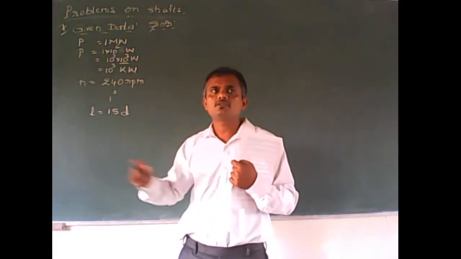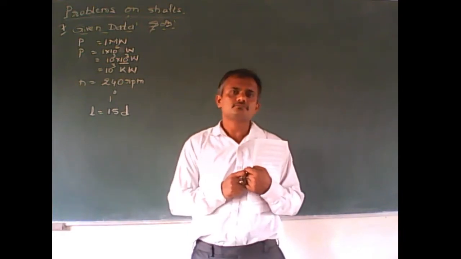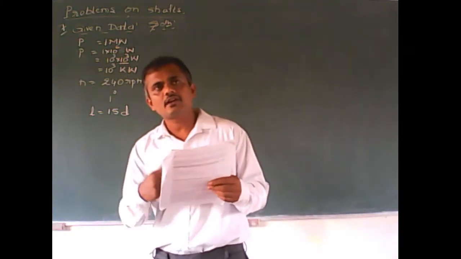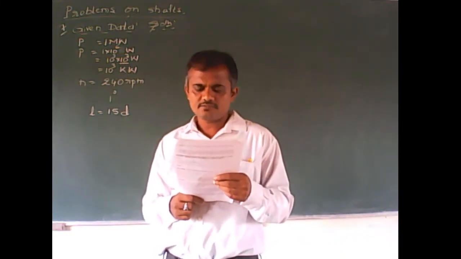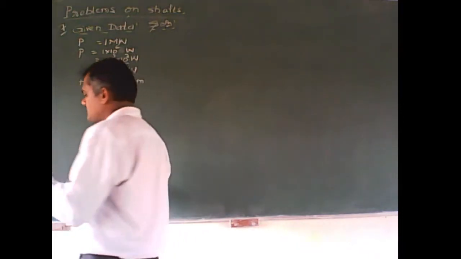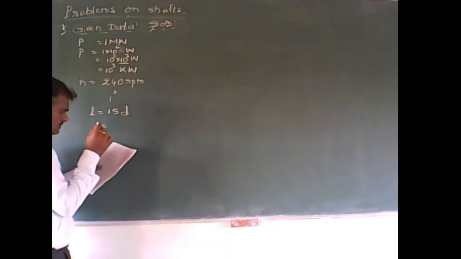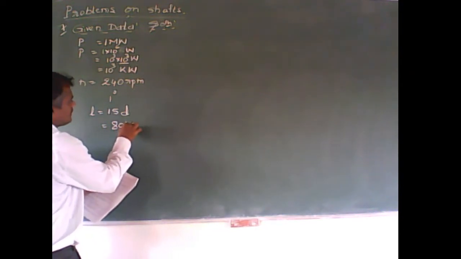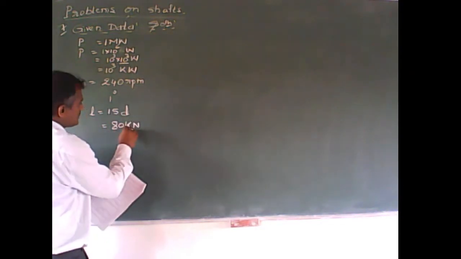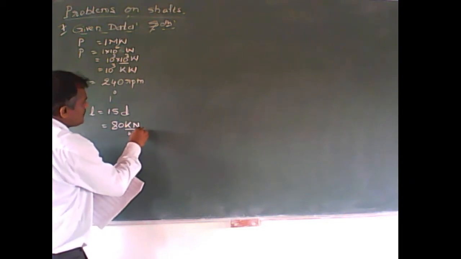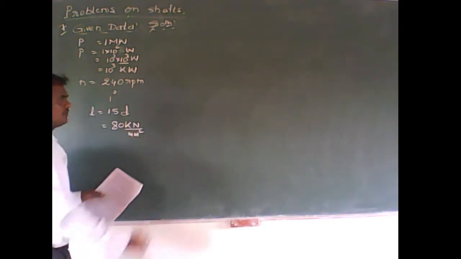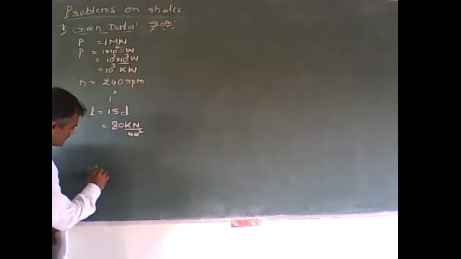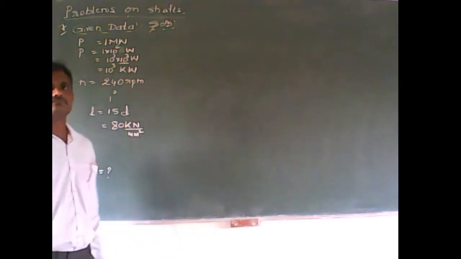So in this way we have to consider it. The length is given, and the modulus of rigidity, or simply the shear modulus of the shaft material, I would consider as 80 kilo Newton per mm square. Find the diameter. He says we have to calculate the diameter.